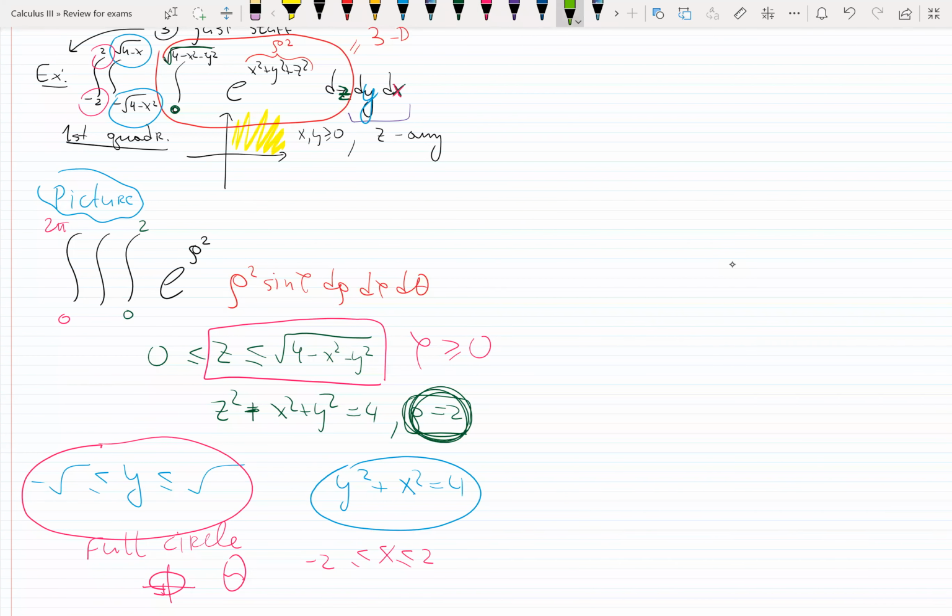It looks like so. The sphere, and we only use the upper half like so. The full circle goes around. That's my theta. Radius is 2, but we never go to the south pole. Because of that, phi is between 0 to pi over 2. Yeah, that is the idea.